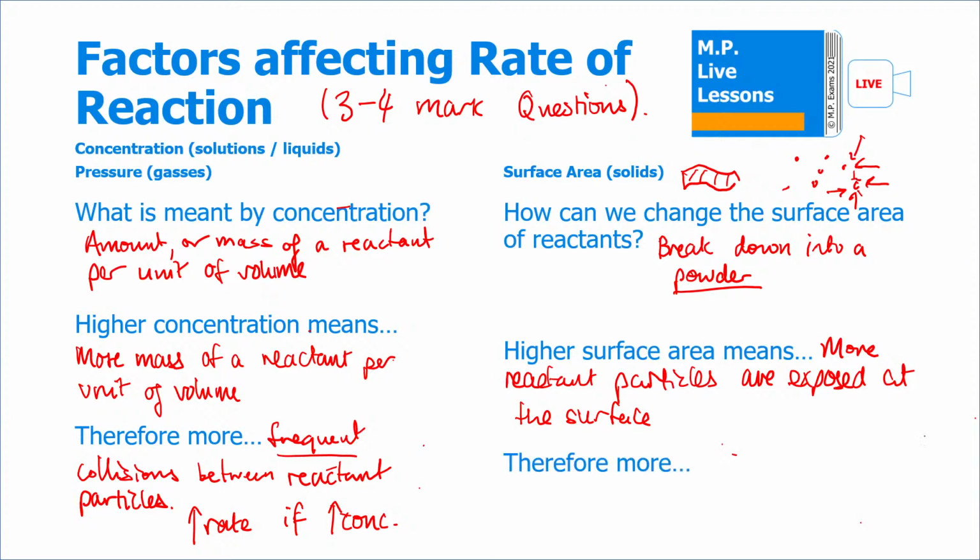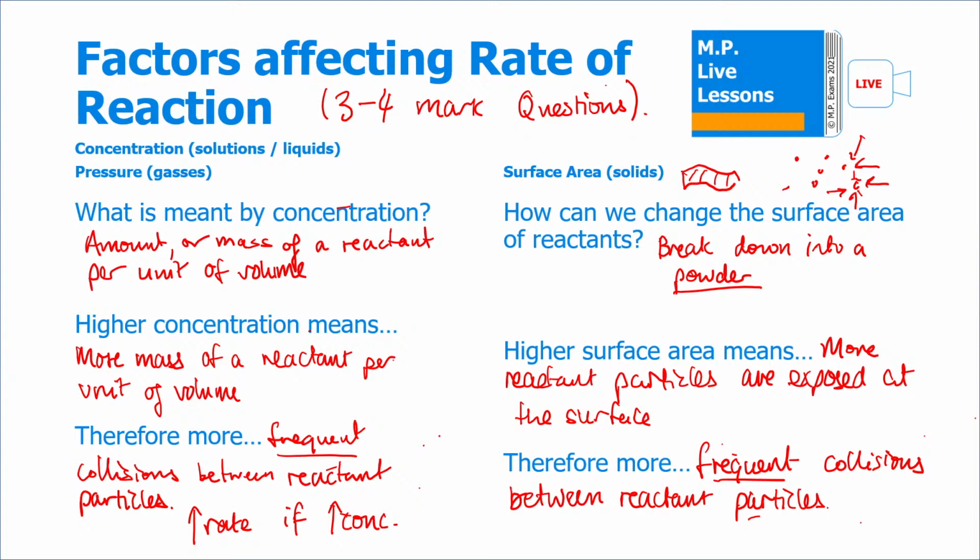Therefore, there's more frequent, again, collisions between reactant particles. So that means the rate of reaction goes up if you increase the surface area.